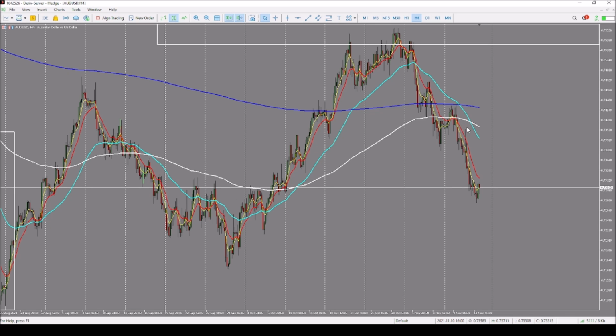So what are we now expecting? We expect to see price bounce on the 13 or 50 to see the last drop.